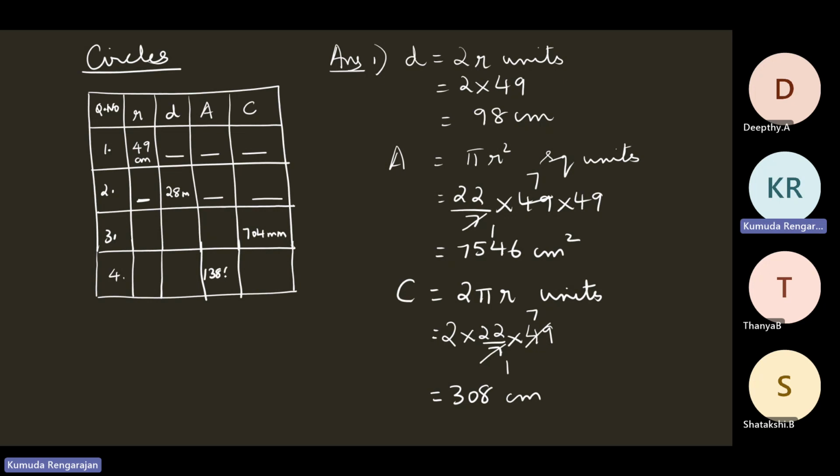Change this to 1386 centimeters square. Okay, so area is equal to 1386 centimeters square. That means pi r square is equal to 1386.